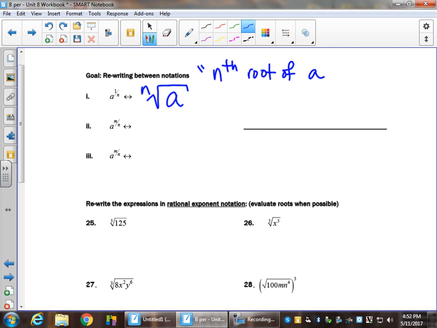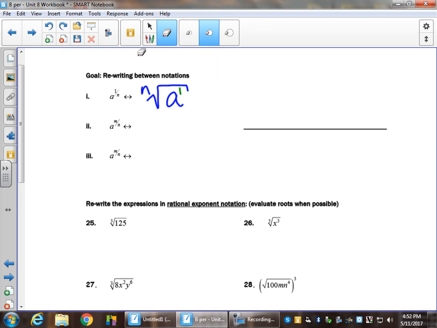There is a power involved, and that's where I'm going to end the notes. A to the first, technically. Nth root of A to the first power. That came out really wide, so I'm going to rewrite it so it fits. Nth root of A to the first power is what we're going to write here.